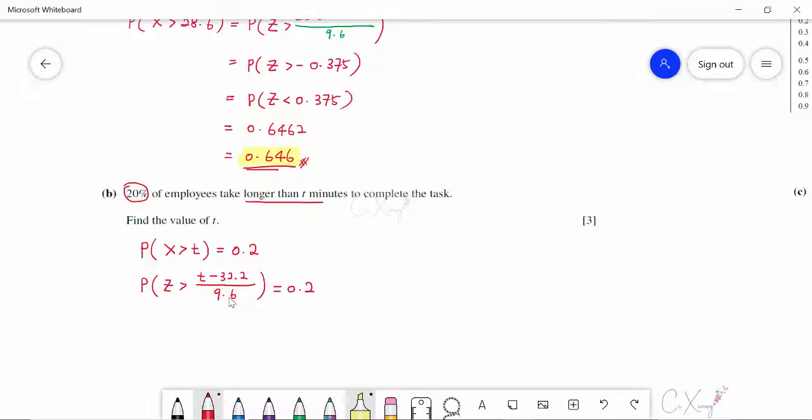Okay, so when I have this kind of equation, I will try to draw a graph to visualize it. First I can see that 0.2 is a smaller area, not more than half of the graph, and this is a greater than sign. So that means the area on the right hand side of a particular value should equal 0.2.